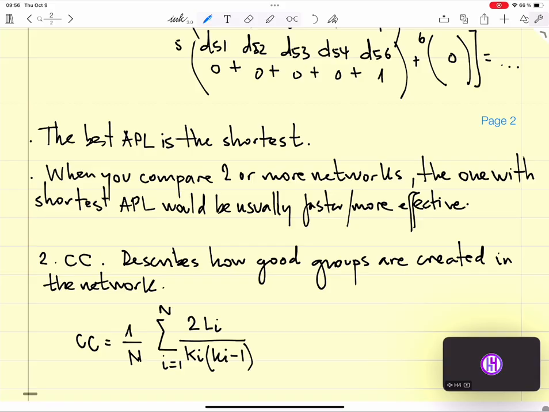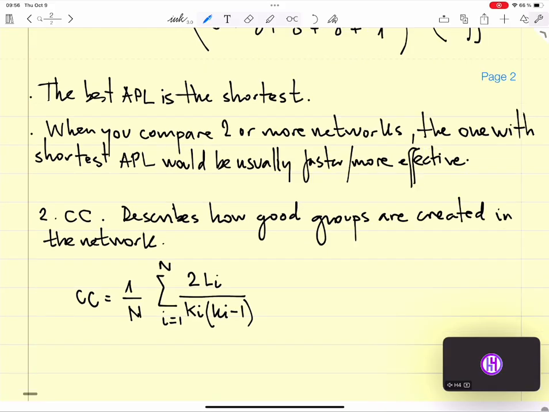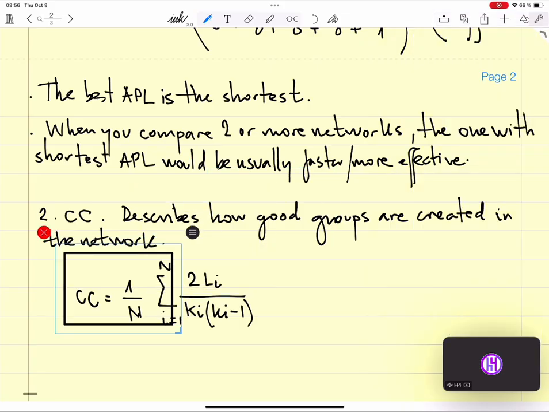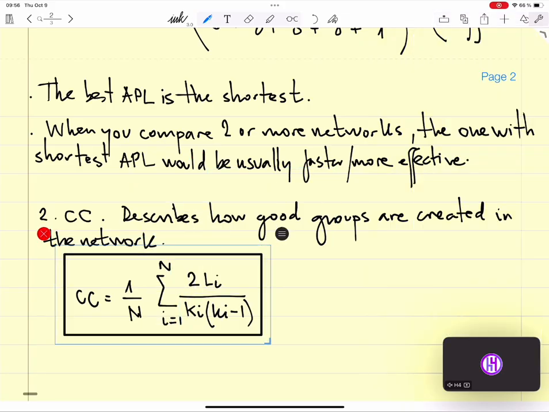So what is the meaning of these letters? First I write the meaning and then we see an example. You will see, don't be scared. After we see the example, everything will be super clear, okay? So n is the number of nodes, just as we had.